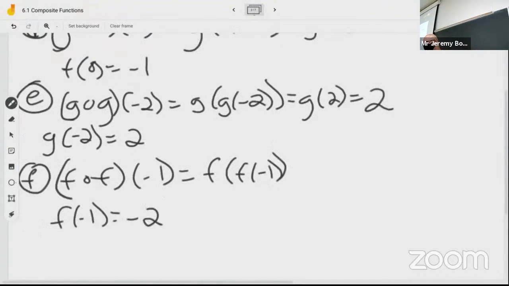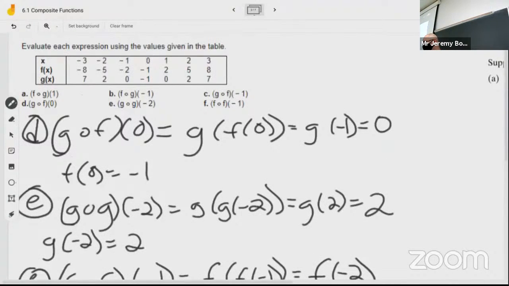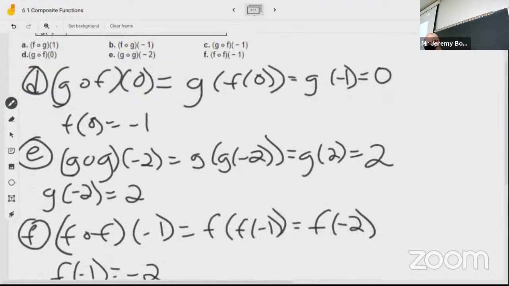And now we're going to do F of negative 2, which gives us negative 5. Any questions on any of those? No? Got it? So that's how you use it if you have a table that just has the inputs and outputs.